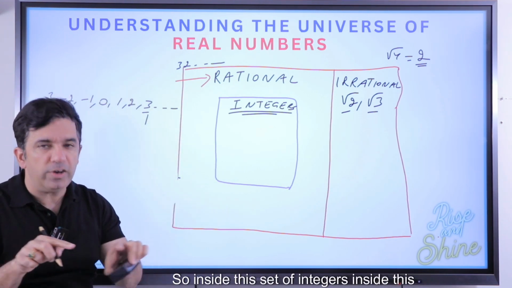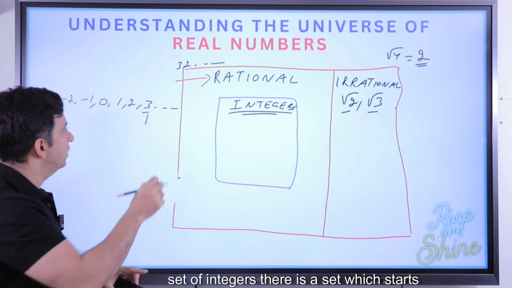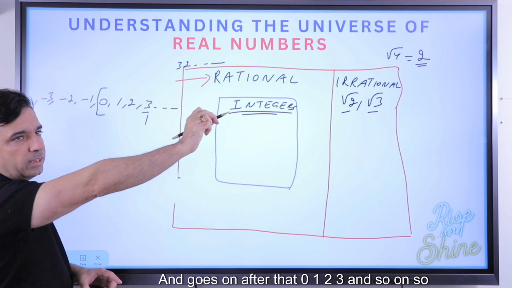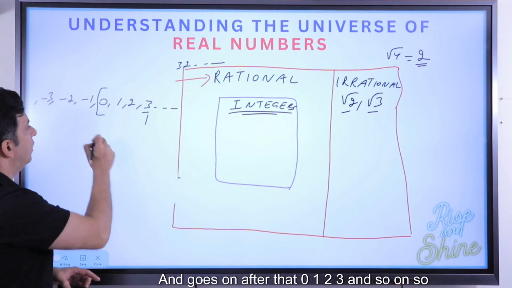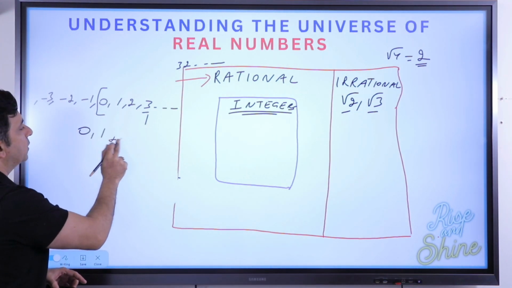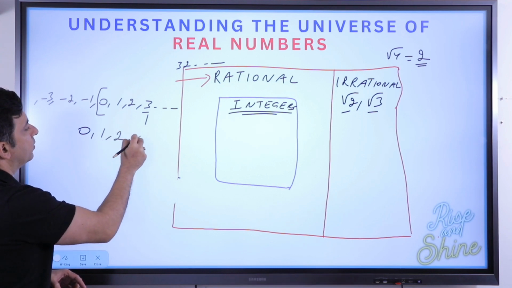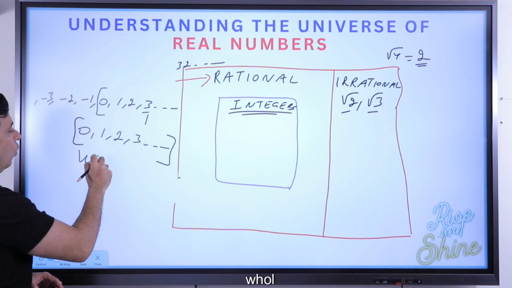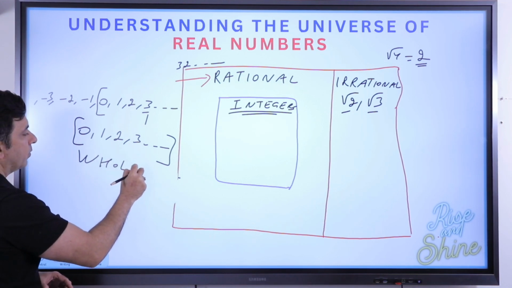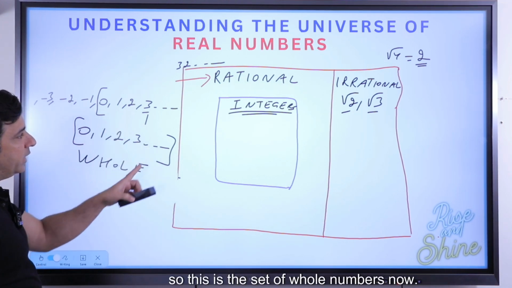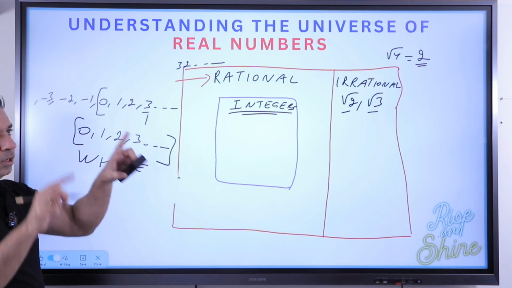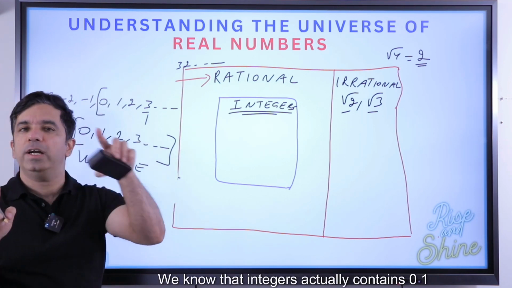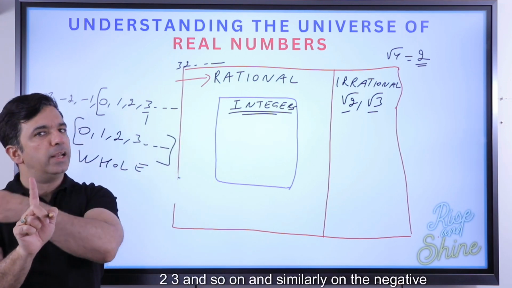So inside this set of integers, there is a set which starts from 0 and goes on after that. 0, 1, 2, 3 and so on. That set is the set of whole numbers. We know that integers contain 0, 1, 2, 3 and so on, and similarly on the negative side.